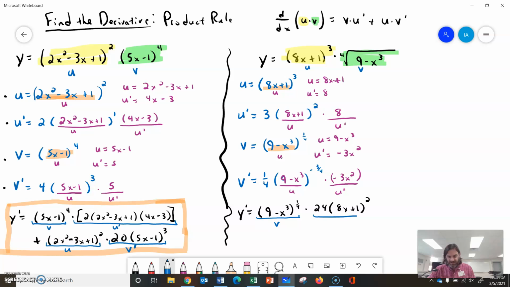So that's the u prime. I did multiply the 3 and the 8 together. And then we'll have plus u prime. u was way up top there. u is 8x plus 1 cubed.